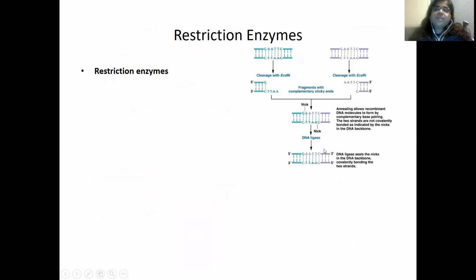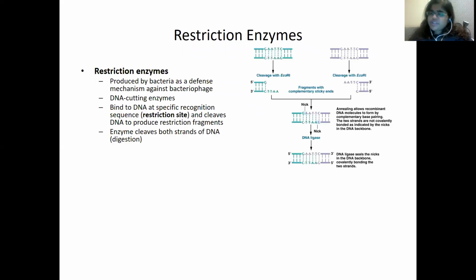Okay. So restriction enzymes. We talked a little bit about them earlier, but essentially they are produced by bacteria as a defense mechanism. They cleave at certain spots when foreign DNA comes into a bacterium, and they are essentially enzymes that cut DNA.